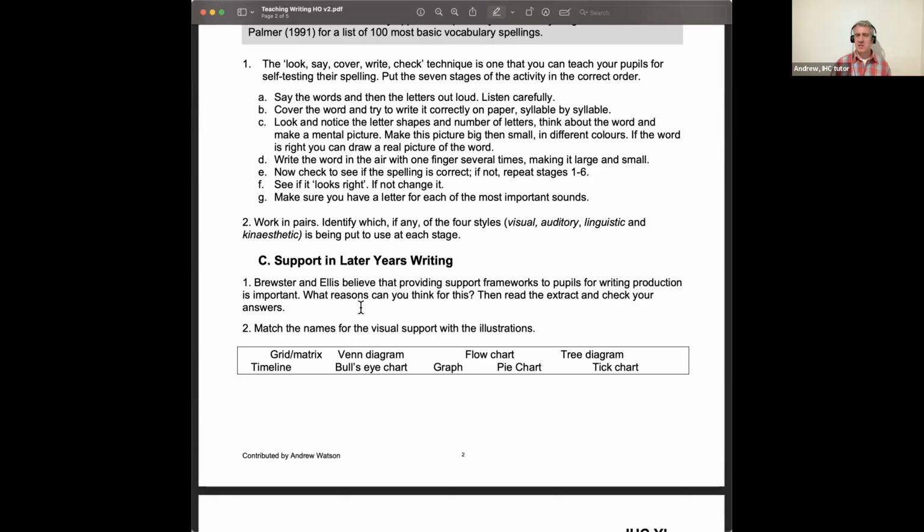Is it because the task is easy or because it's difficult? Difficult. So do you think writing in a foreign language is easy or difficult? Most difficult. It is pretty difficult, isn't it?